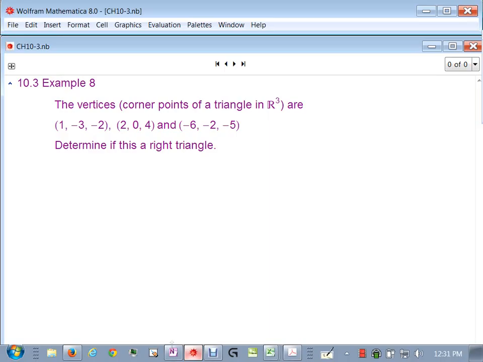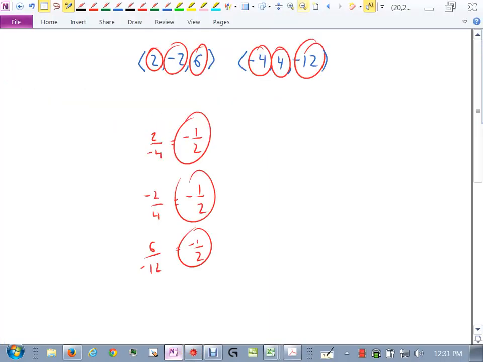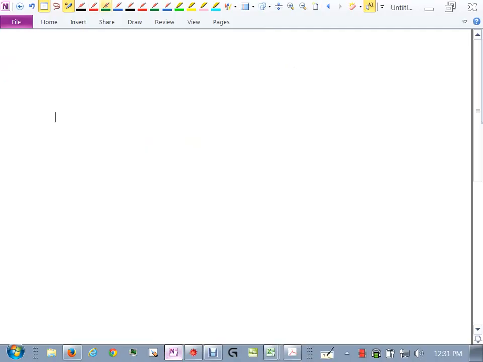So here's how I'm going to do it. Because this is in 3-dimensional space and I don't feel like drawing 3-dimensional space, it would be too hard, I'm just going to label the points arbitrarily. So just imagine this is in 3-dimensional space.